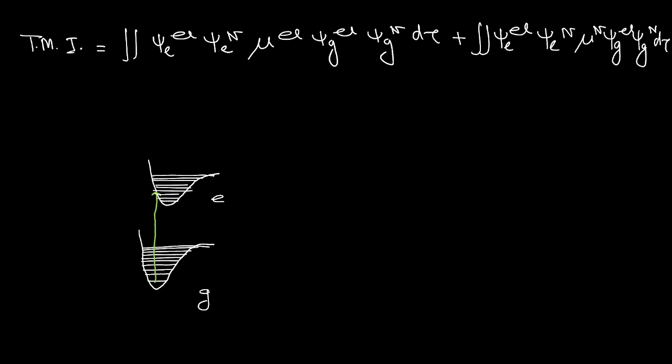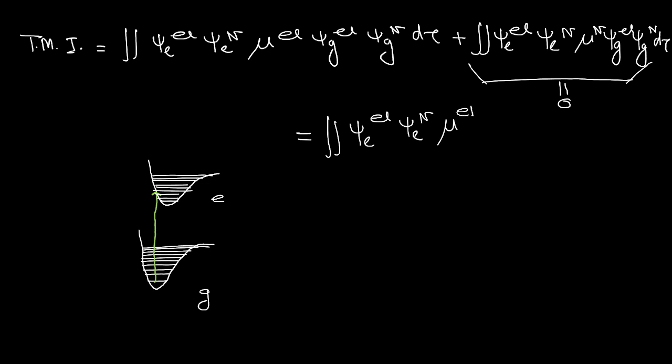So we can neglect this part, and this is known as the Condon approximation. So now the TMI becomes only the electronic part.